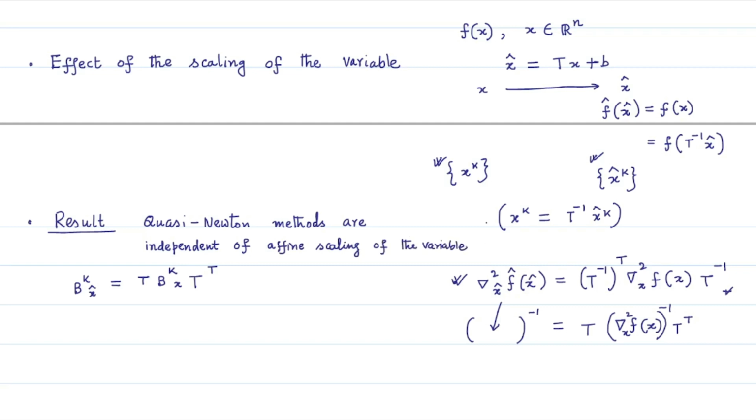By affine scaling, I mean you transform the variable by the transformation T x plus b, and you get the x hat space, and in the x hat space you compute the sequence x_k hat by a quasi-Newton method. If this equation is valid, then we can prove that that particular quasi-Newton method is independent of this affine scaling of the variables.